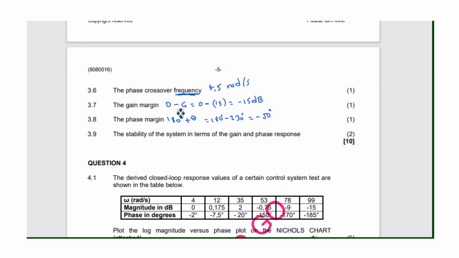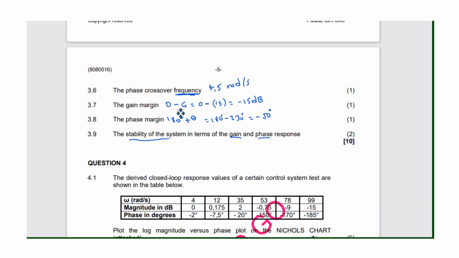Now, last question: the stability of the system in terms of gain and phase. Your answer will be the system is not stable, or is unstable, because the gain and phase margins are negative.